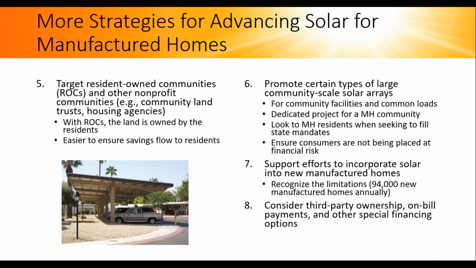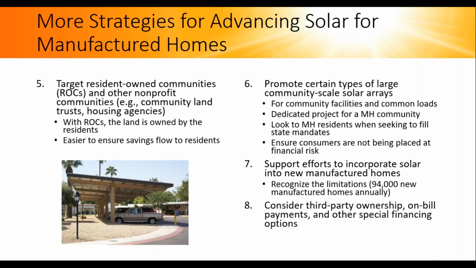Another worthwhile strategy is to promote certain types of large community scale solar arrays. This gets around the problem that many of the houses can't support solar on the roof. And there are a variety of different community scale projects that can be done. One, in the picture here, is an array that provides power to community facilities and common loads, things like the street lights.